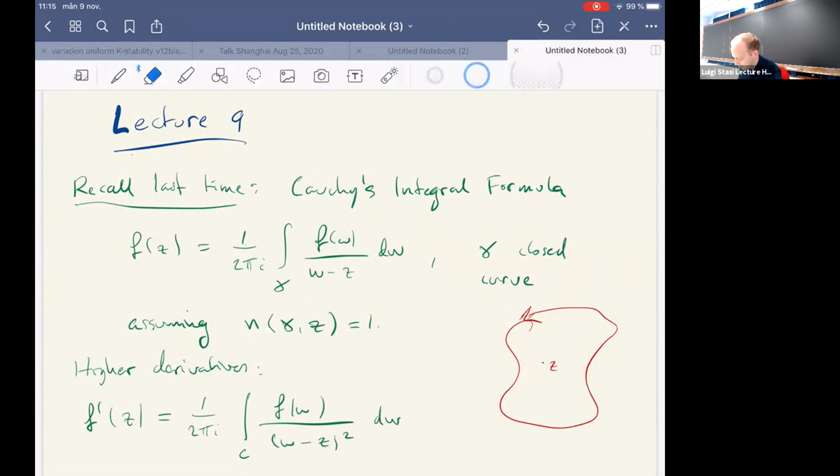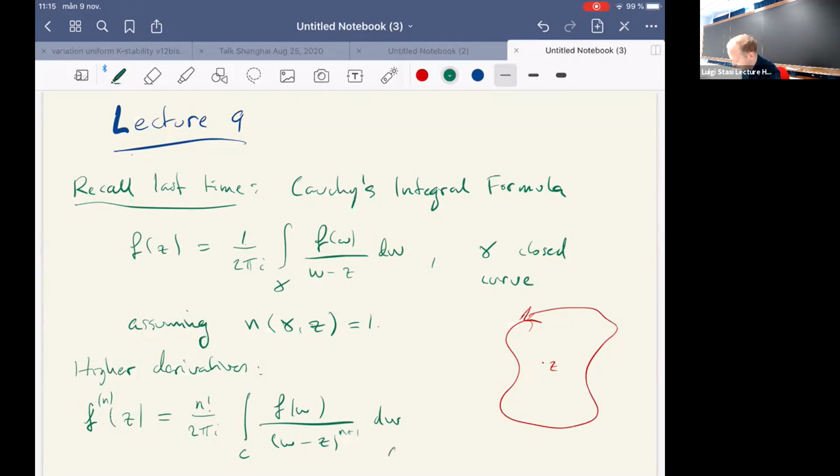And if I replace this prime, I can write instead the nth derivative. Then what I had to do is put an n prime here, and change this one. So then you put n factorial, and here you put n plus 1, dw.